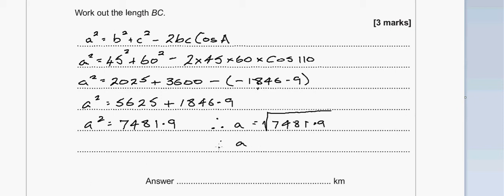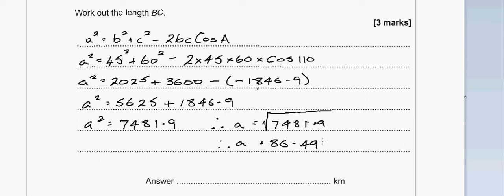So now I've got to find the root of that number. The square root of 7481.9 is 86.49.